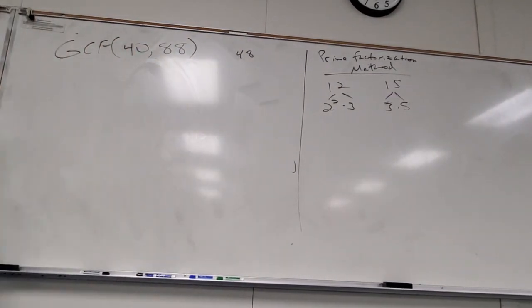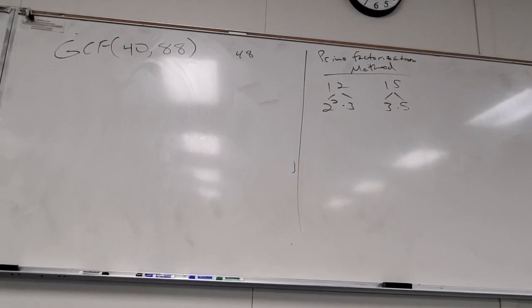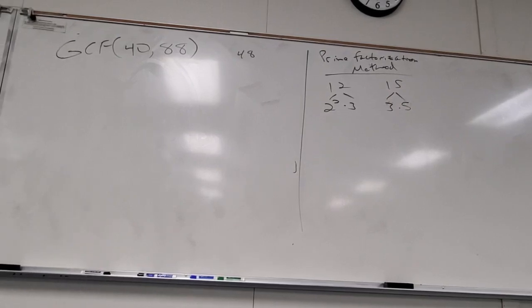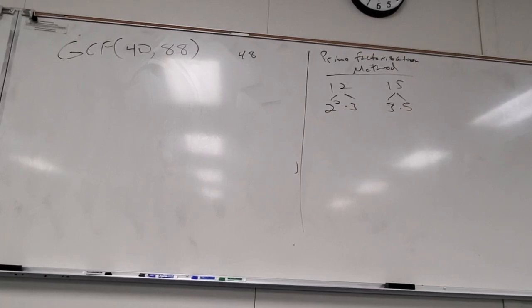So here's something kind of cool. If you're trying to figure out the biggest number that goes into 2 numbers, real quick, if 3 goes into 2 numbers, don't they both have to be in a list of multiples of 3? That's basically the definition, correct? Give me 2 numbers 3 goes into. 9 and 12, right? 3, 6, 9, 12. They're both elements of the multiples of 3, correct?